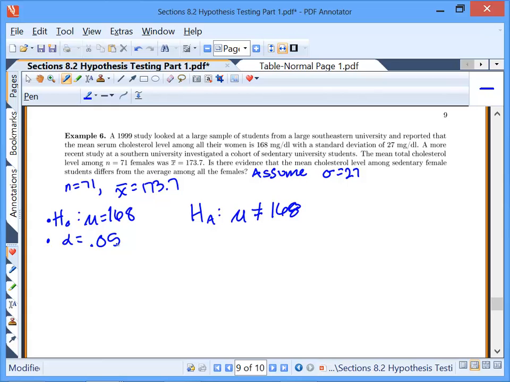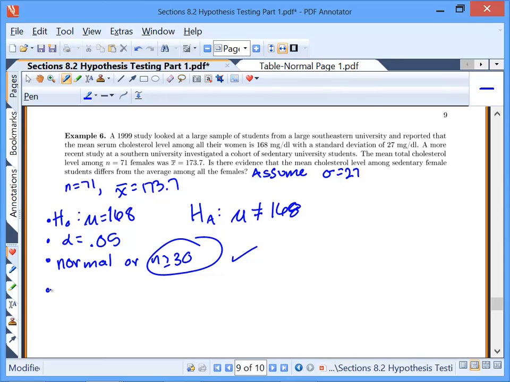If you don't have a good reason to choose something else, 0.05 is a good safe choice. What else? I need to check my assumptions. Remember what the assumptions were. That we had a normal population or a sample size of at least 30. Are one of those met here? My sample size is at least 30 since it is 71.